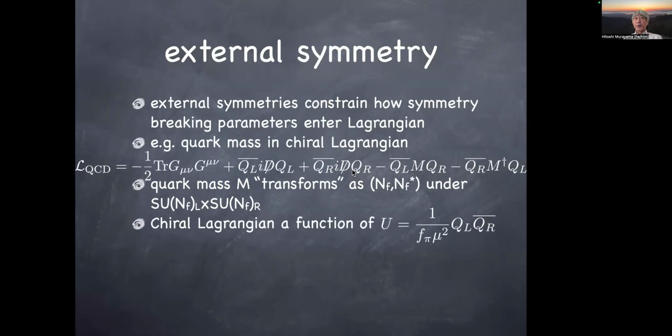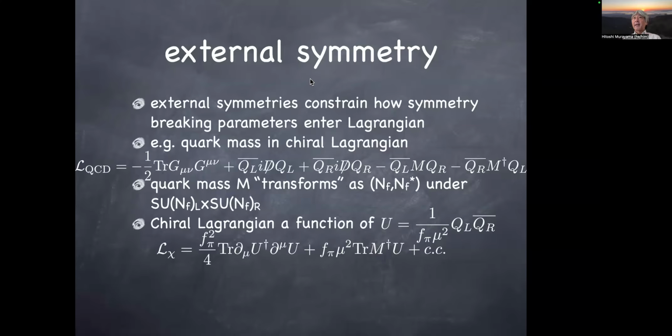And knowing that, you switch over to the chiral Lagrangian together with this chiral field U, the exponential pion. You know exactly how the quark mass would enter the low energy chiral Lagrangian by making sure that this is invariant, assuming again M transforms under the chiral symmetry.